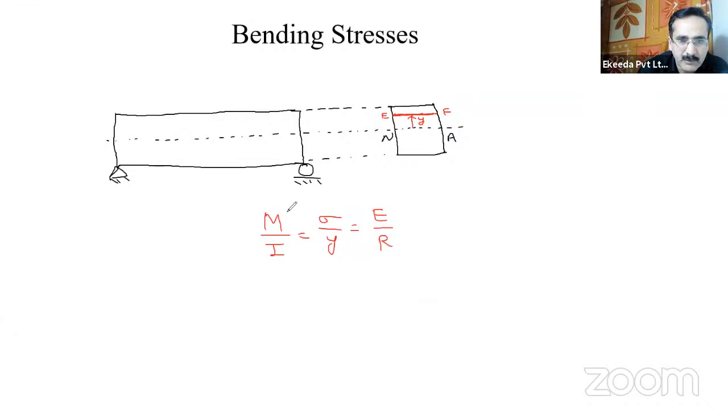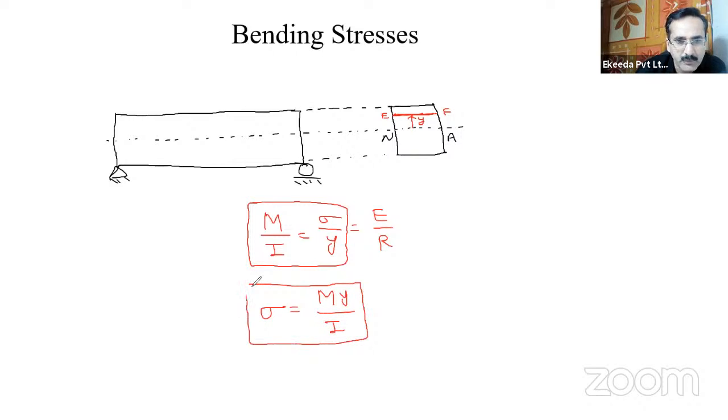So stress will be, if we combine this equation, and we know the bending moment here, sigma will be equal to My by I, right? You can see here, M is constant at a certain cross section. If M is constant and I is constant, sigma is proportional to y. As y increases, the bending stresses are also increasing.